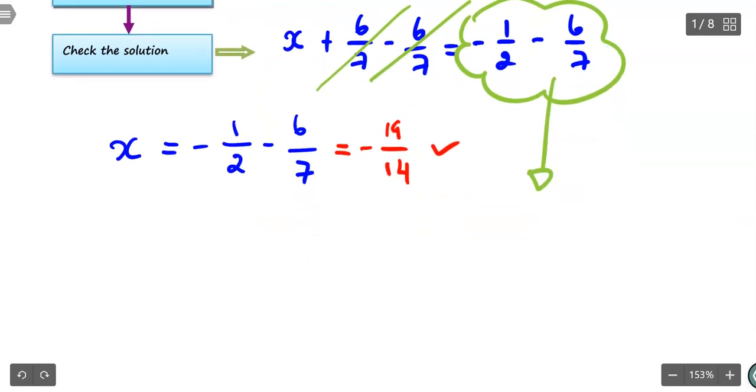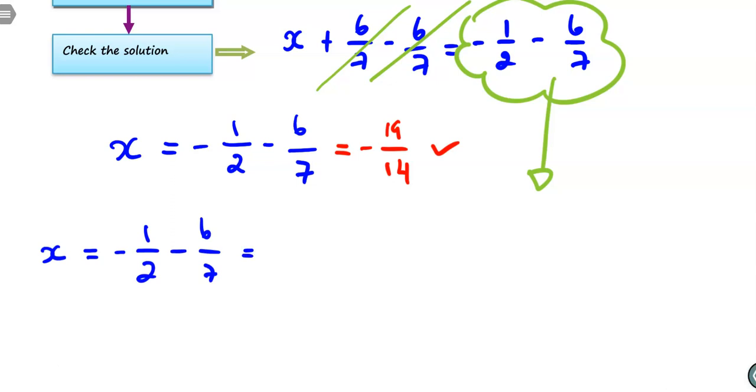Now I have x equal to negative a half subtract 6 over 7. Working with common denominators, I know that the lowest common denominator for a half and 6 over 7 would be 2 times 7, so that would be 14.